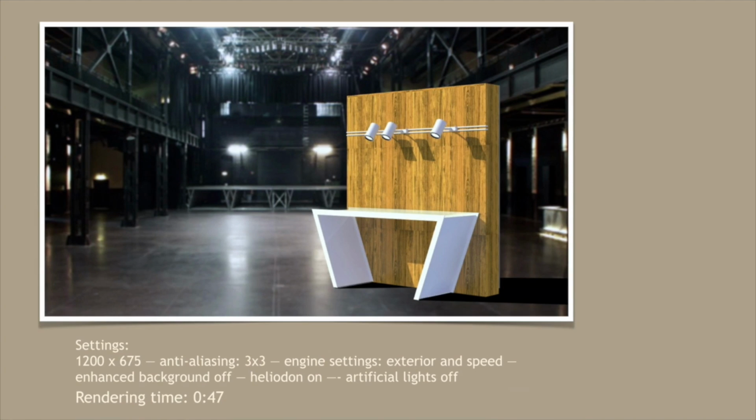I decreased the light powers to something realistic, but I even deactivated them because they are useless, and unchecked the enhanced background, and set the settings to exterior and speed, because the scene is very light and we have a lot of light in the scene. So I did it in less than a minute. It's a very big difference compared to 17 minutes.